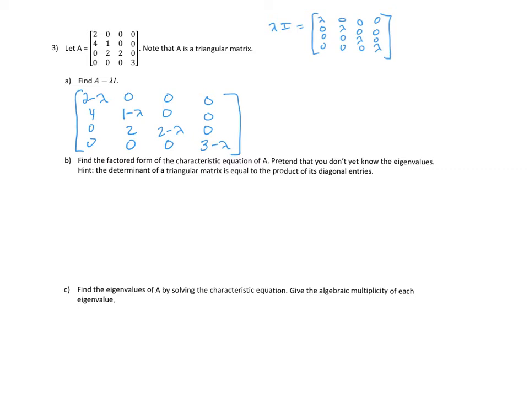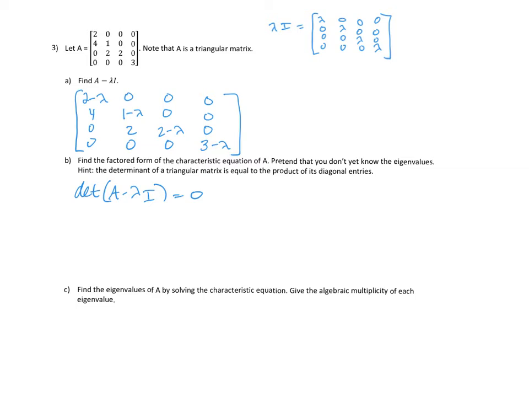We learned this back in chapter 3, that if you want to find the determinant of a triangular matrix, you can just multiply its diagonal entries. So this is a triangular matrix. If I want to find the characteristic equation of A, remember that is the determinant of A minus lambda I set equal to 0.